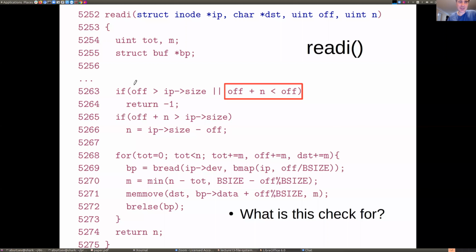First you're checking if the offset is outside of the file size. Okay? That's an illegal read. And the second check is to check that the offset plus n is actually within the file as well, right? So n is the size of the read. Offset is an offset within a file. Destination is a destination buffer. Inode is an inode pointer, right?